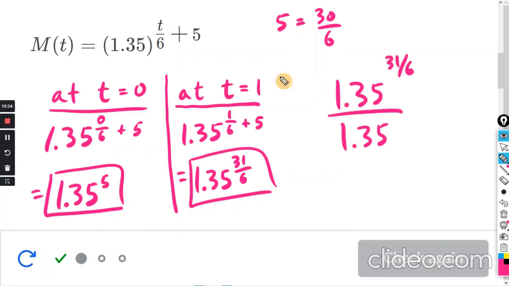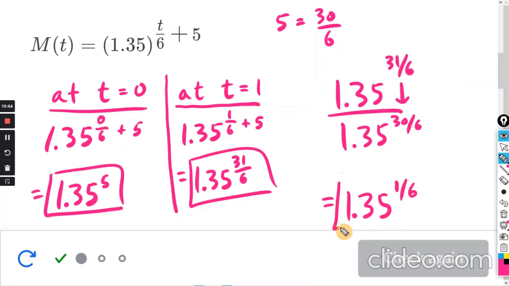But instead of 5th, I'm going to use 30 over 6. And in this case here, since the 1.35s match, we keep that and we can just subtract the exponents going down. 31 over 6 minus 30 over 6 is 1 over 6. This is what it's being multiplied by each time t increases by 1.